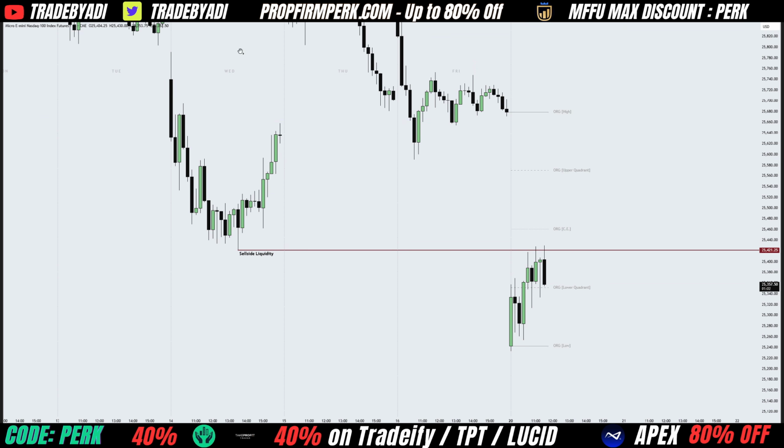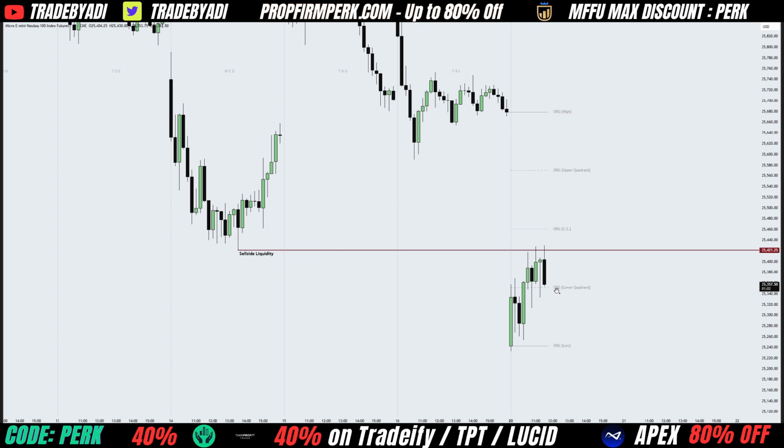Let's check into the RTH chart. The RTH chart is not telling me anything because we have a big gap down, almost 300 to 400 points, and we also opened below the sell side liquidity. So this was the nearest draw on liquidity on the RTH chart, regular trading hours.